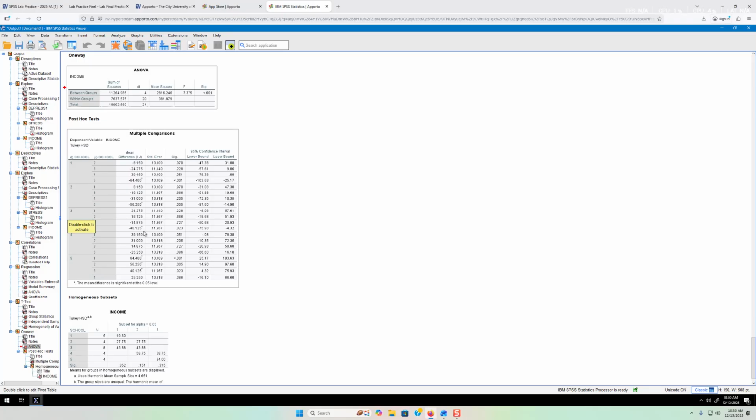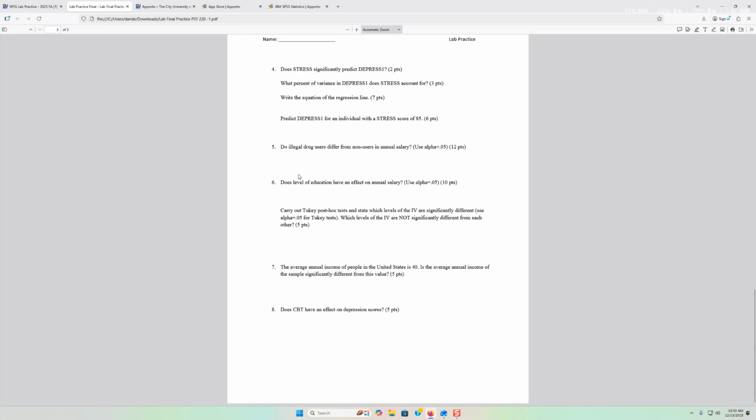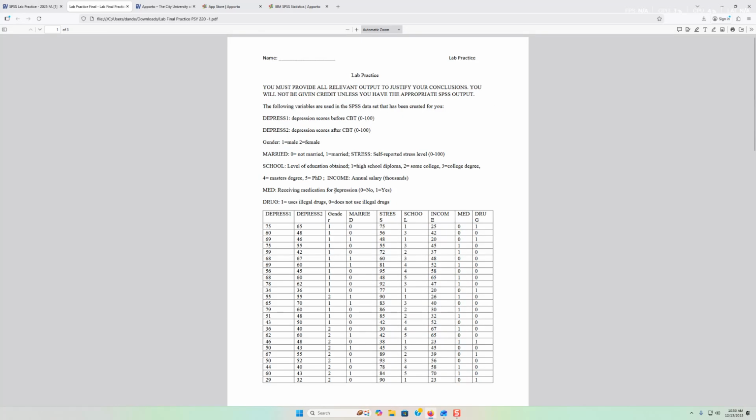And if you look at the key for the practice lab, you can tell which those groups are. So one is high school. So high school and PhD are different. College and PhD is different in salary. And college degree and PhD is different. And there's no difference between master's degree and PhD. Well, that makes sense. I mean, you have more education, you get a better job, you make more money.